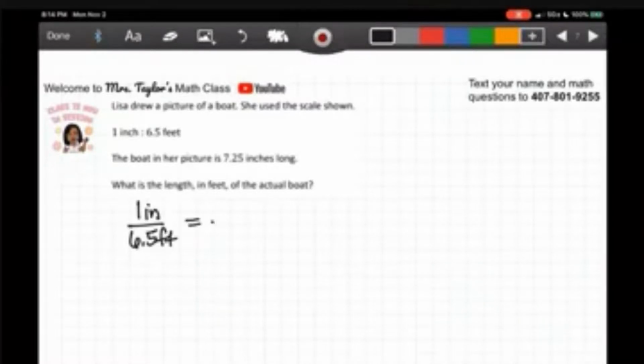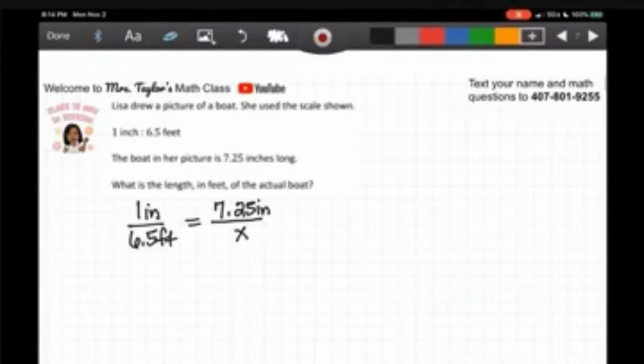And if we have 7.25 inches, we want to know how many feet it is. So I'm setting this up because we have two ratios that we can set equal to each other to make a proportion. So what we can do now is just cross multiply.